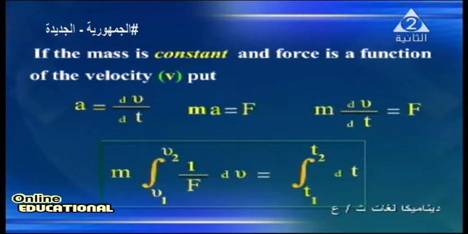And if the mass is a constant and the force is a function of the velocity v, then m integration 1 over F dv from v1 to v2 equals integration dt from t1 to t2.